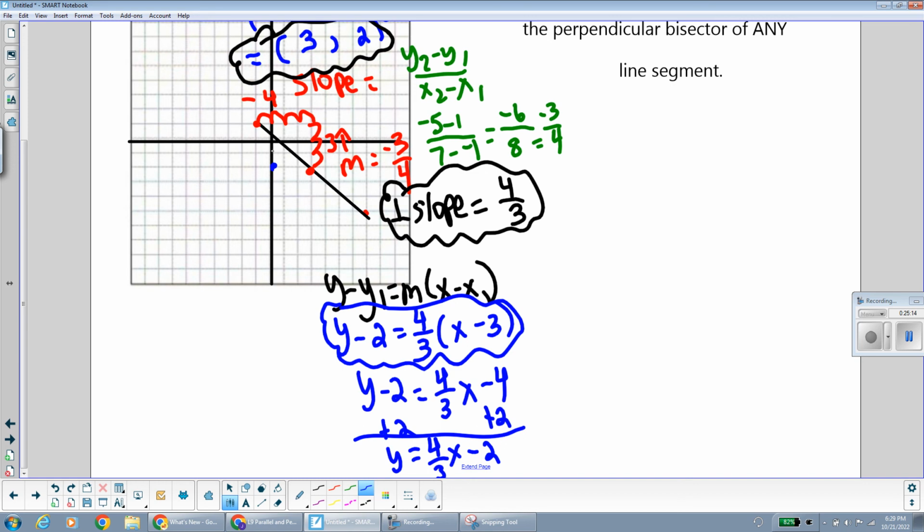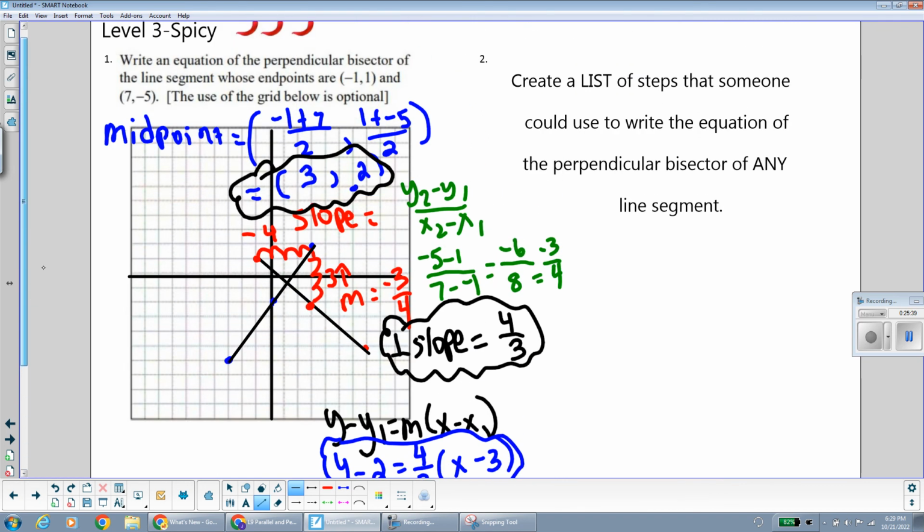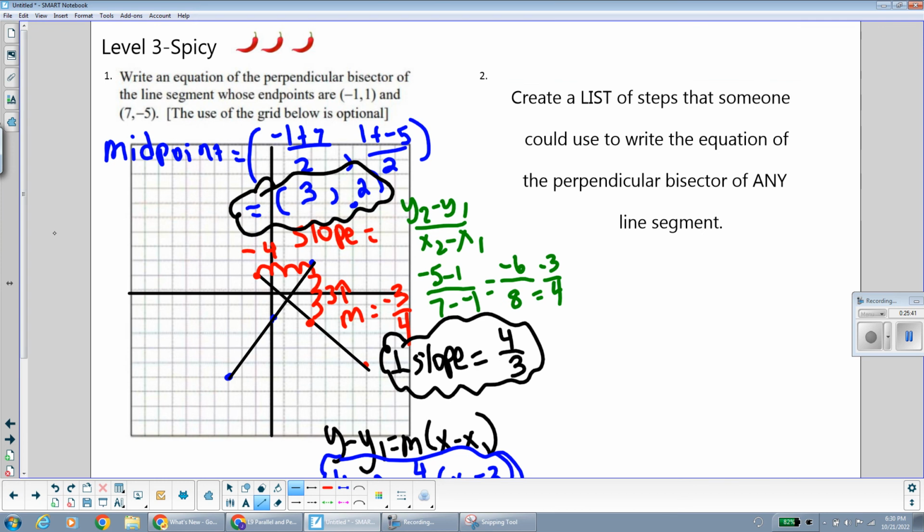The rise is 4, the run is 3 to the right. And we can see that our line is the perpendicular bisector of our original line segment.